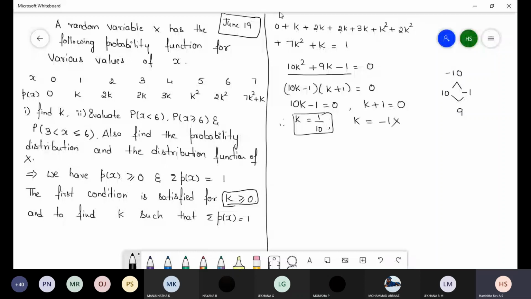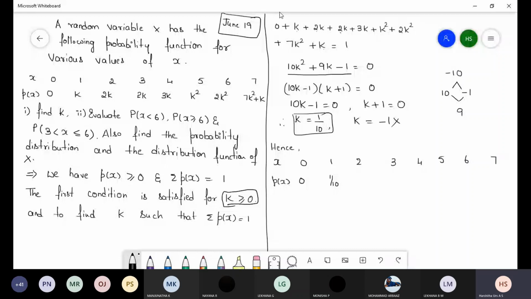So here 0, k means 1 by 10, 2 by 10, again here also I just put 2 by 10 only, 2 by 10, 3 by 10, 1 by 100, 2 by 100, here 7 by 100 plus 1 by 10.